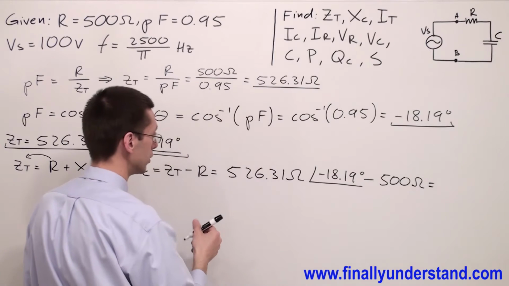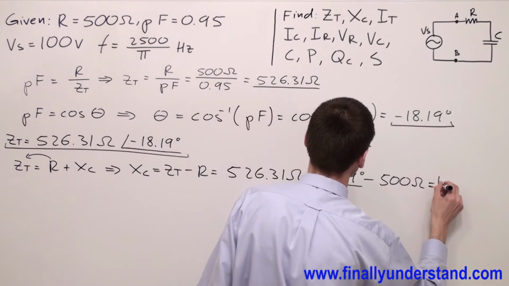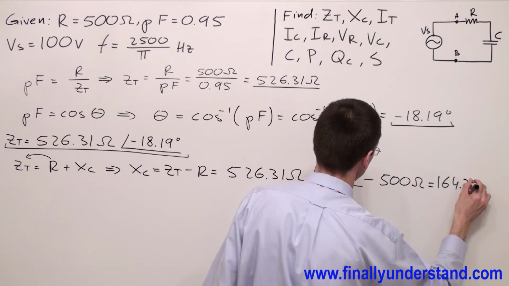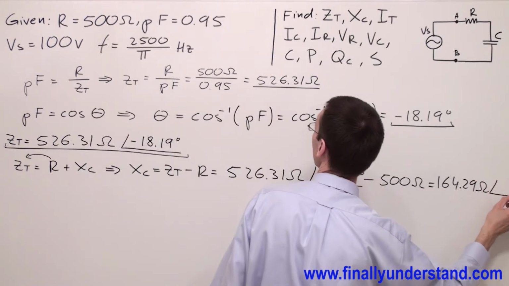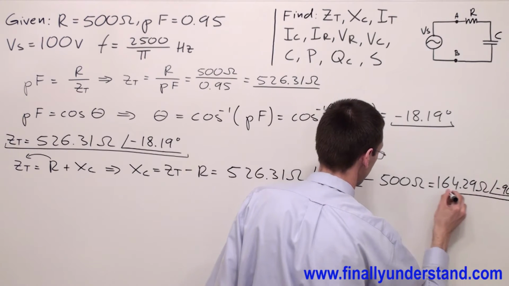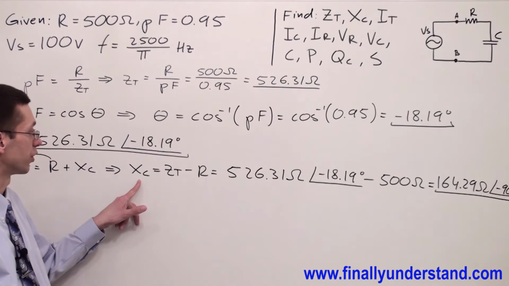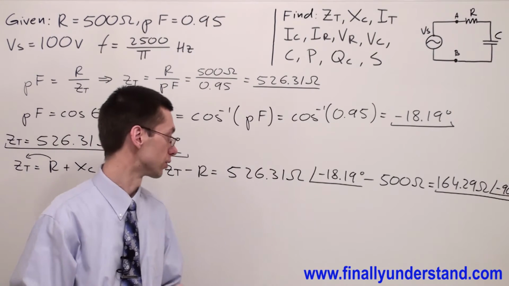Use the calculator and you're supposed to obtain the value of 164.29 ohms and angle of negative 90 degrees. This is the capacitive reactance, this is my X of C, or impedance of the capacitor.